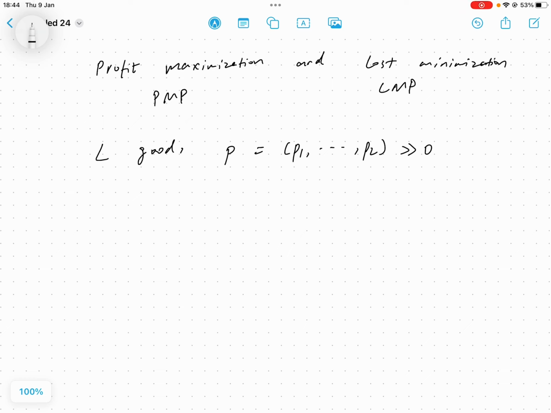And we're gonna assume that the firm's objective is to maximize the profit, right, or minimize the cost. So as before, we normally assume that the firm's production set Y has non-emptiness, closedness, and free disposal. Okay.